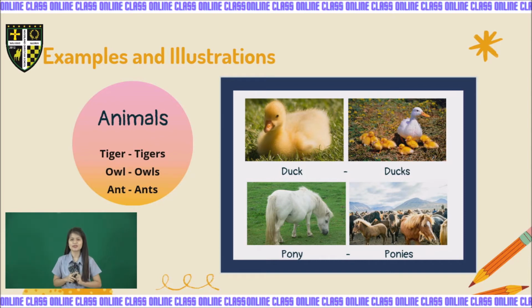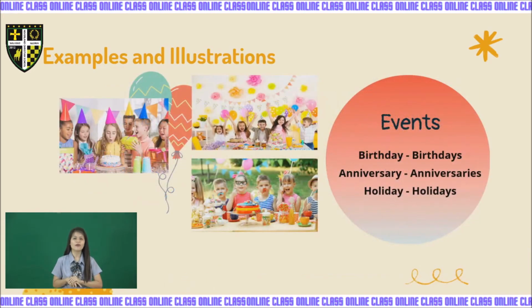More examples, duck, ducks, pony, ponies. Okay, I hope you do understand this. Next, of course, events. Birthday, birthdays. Anniversary, the plural form of it is anniversaries. Next, holiday, holidays. Remember, take down notes.